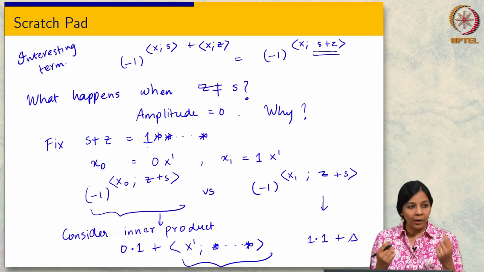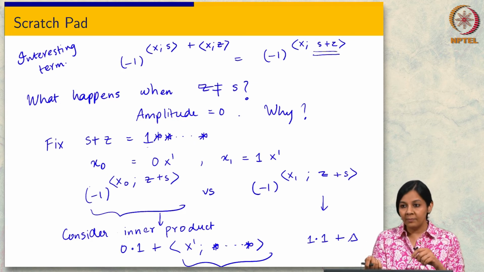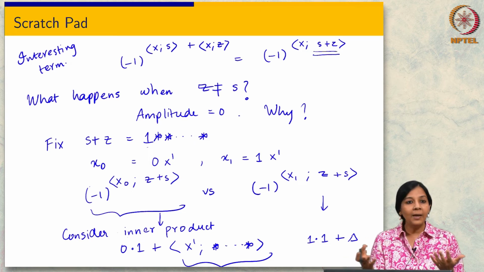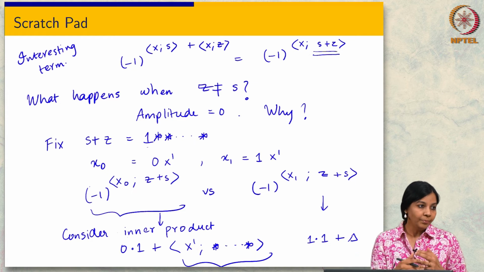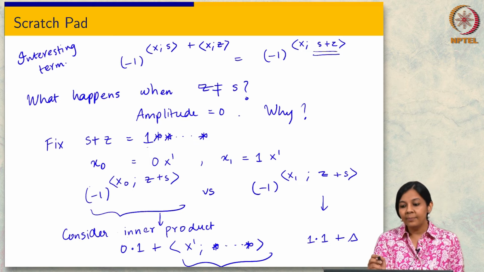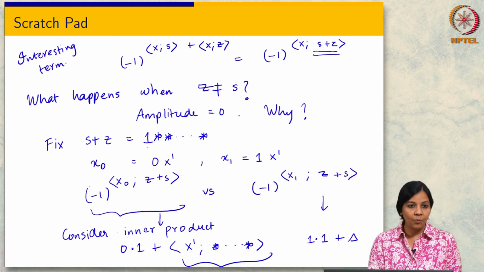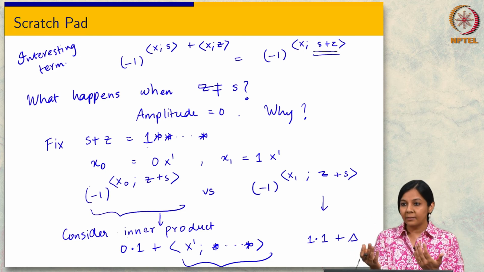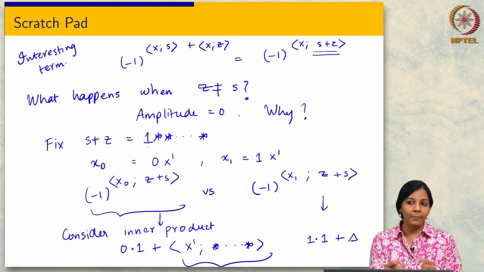And if one of them is 0 and one of them is 1, then downstairs I get a plus 1 and a minus 1, which will cancel each other. This is the reason why when z is not equal to s, I end up getting amplitude 0, because all the terms will cancel each other. For every plus 1 there will be a corresponding minus 1 on exactly one other point.